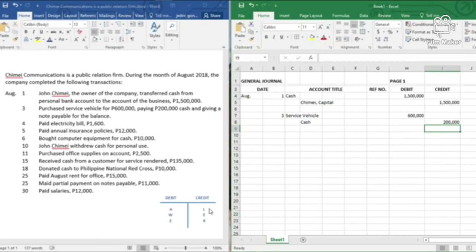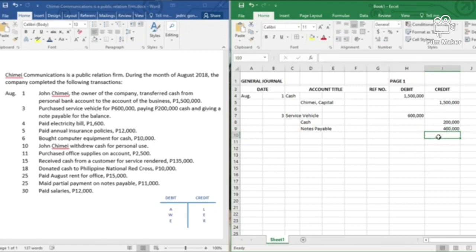Note payable is a liability. Inutang mo na lang, parang nag-down ka lang sa service vehicle mo and then the rest, inutang mo na. So, we have here note payable. How much? Remaining is 400,000.